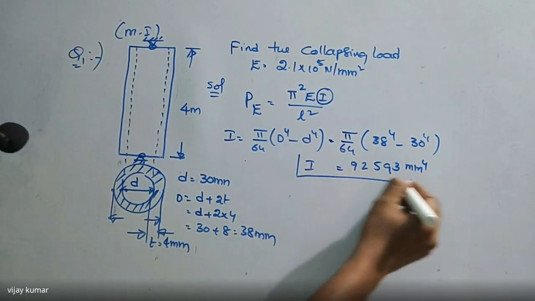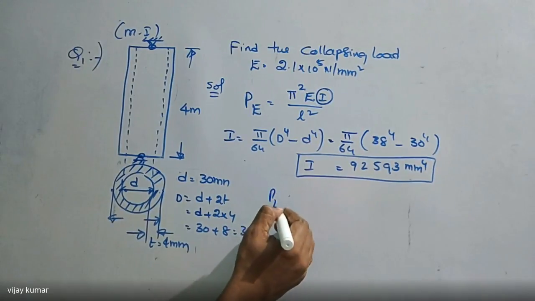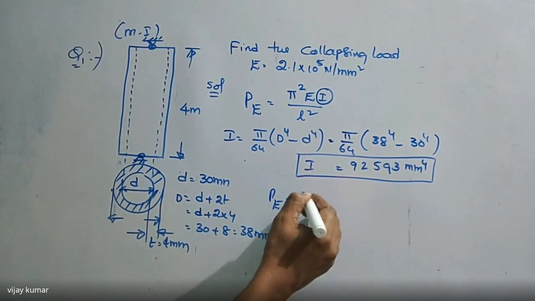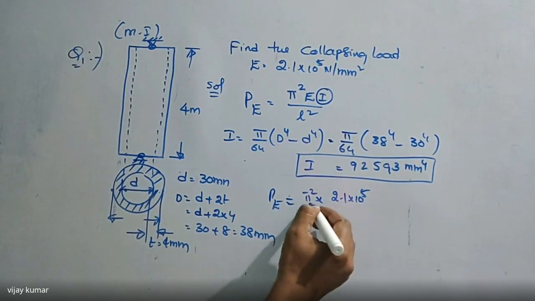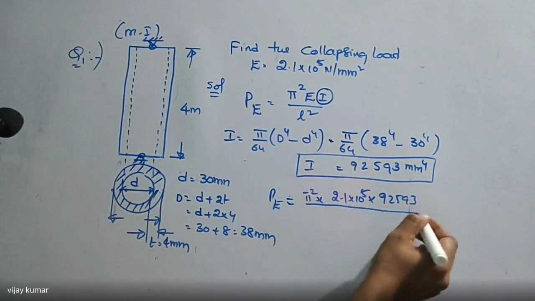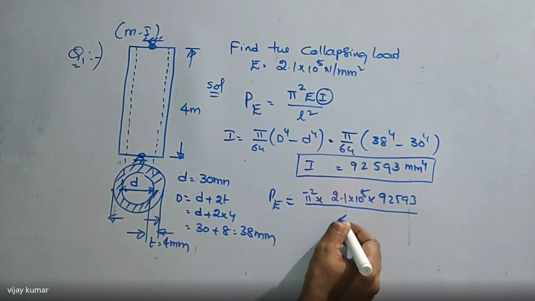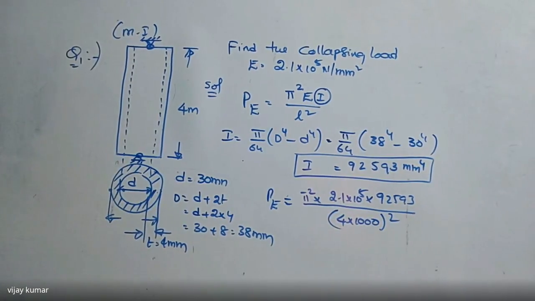Now I'm going to substitute in that formula. P is equal to pi square into E, E is 2.1 into 10 to the power of 5, into I value 92593, divided by L square. L is 4 meters, you can convert into mm, that is 4 into 1000.